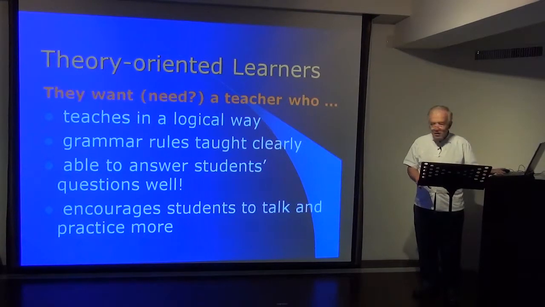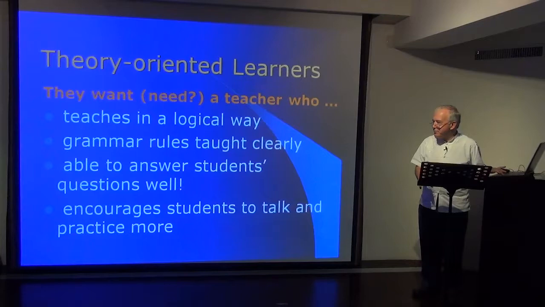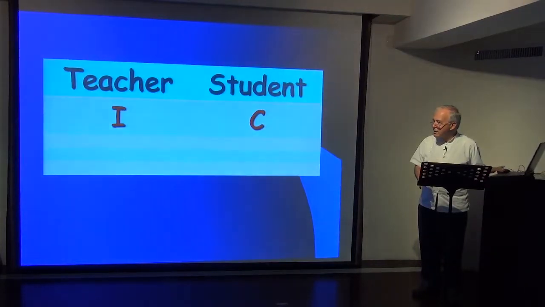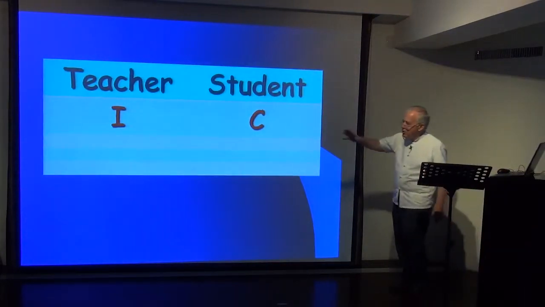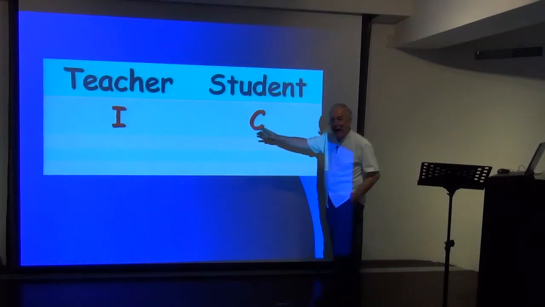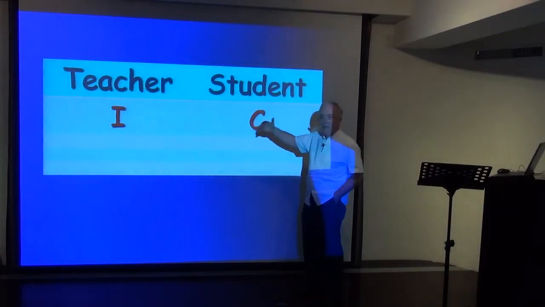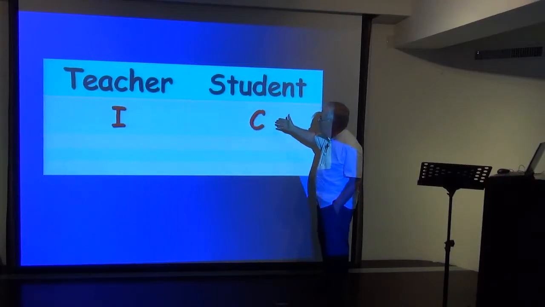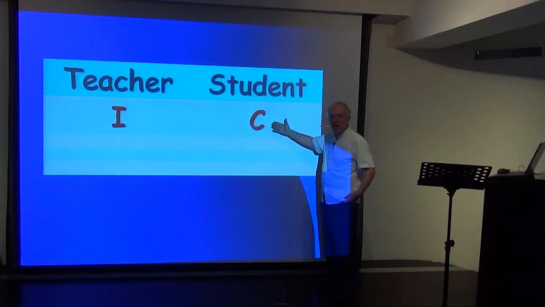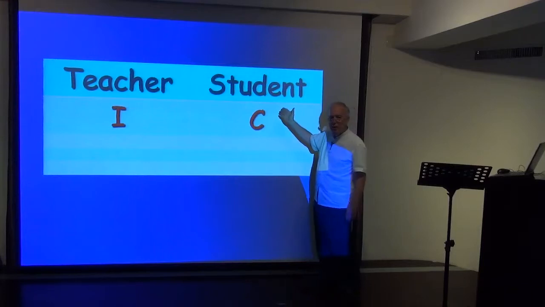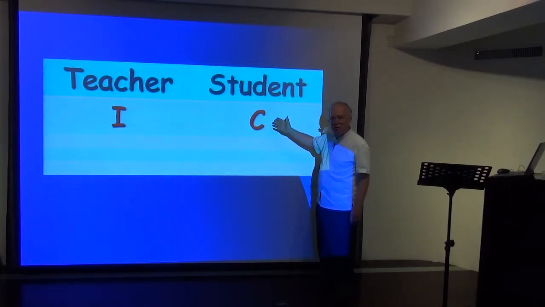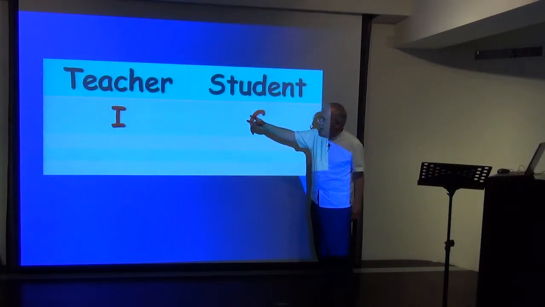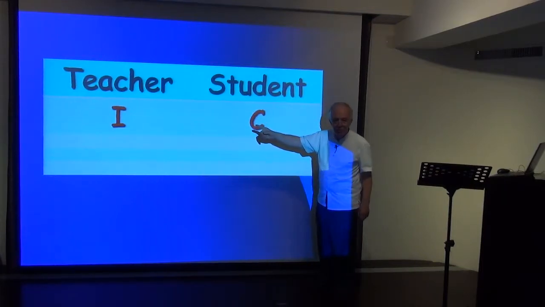Now, let's have a little exam. Let's look at the teacher, who is a high I, that sort of friendly, likes to chat person, and the student is a high C, likes to research, likes to increase knowledge. I'm going to ask you, will this student enjoy having that sort of teacher?